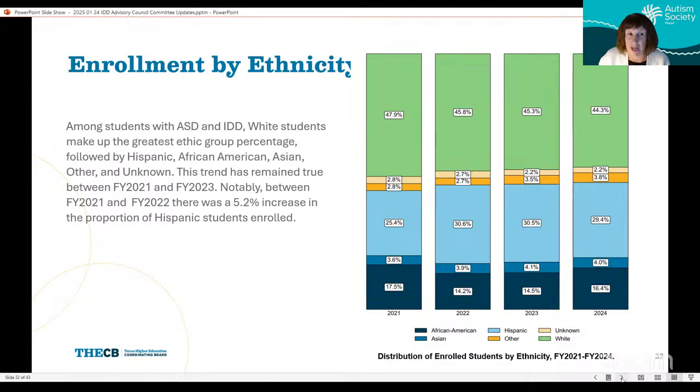I don't know if there's a formal reporting system or tracking system for universities to track students with autism if they are aware of the diagnosis. So I think all those things might be important to note when we're having to provide data.